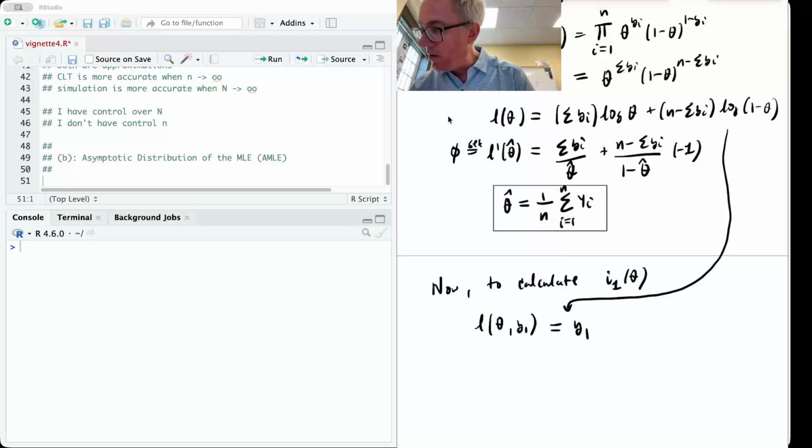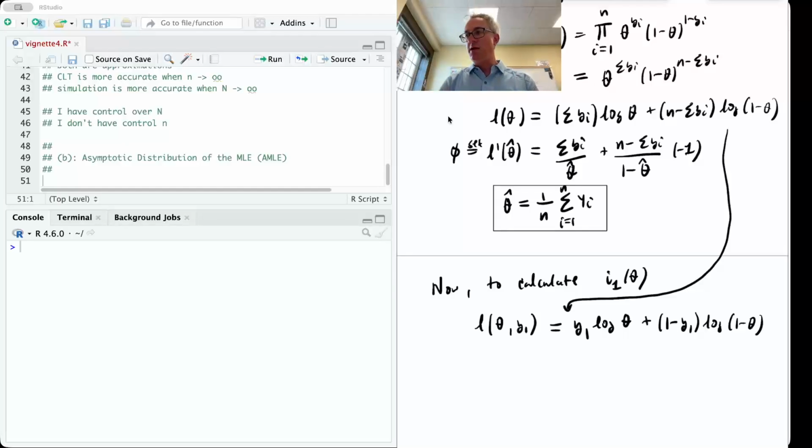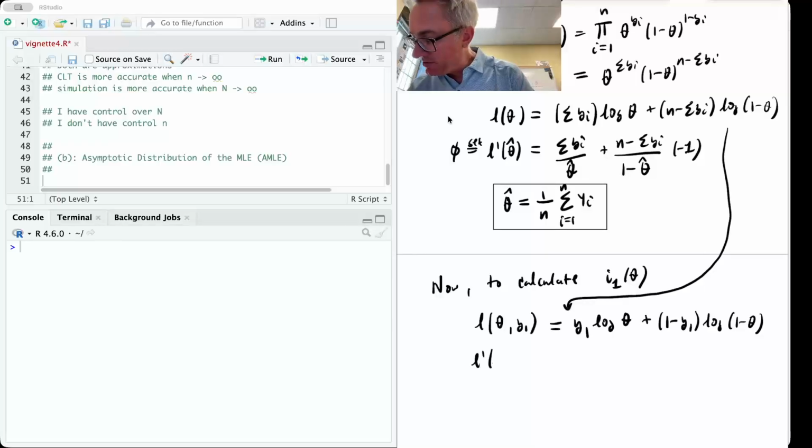So I write y1 log theta plus 1 minus y1 log 1 minus theta. Okay, then I can take the first derivative, which is an easier version of what we just did. I get y1 over theta plus 1 minus y1 over 1 minus theta times -1.